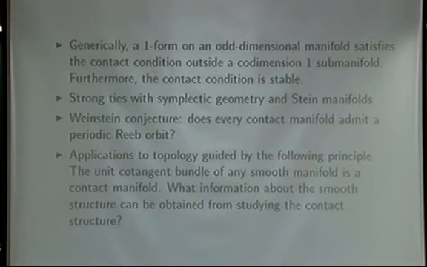So let me point out one particular question. If I take two manifolds that are homeomorphic but not diffeomorphic, a typical example would be S7 and exotic S7, then we can look at our unit cotangent bundles. The unit cotangent bundles are always diffeomorphic, but the question is, are they actually contactomorphic?